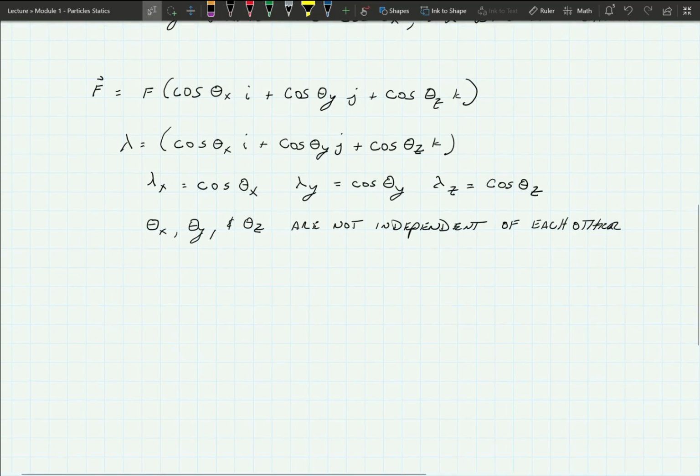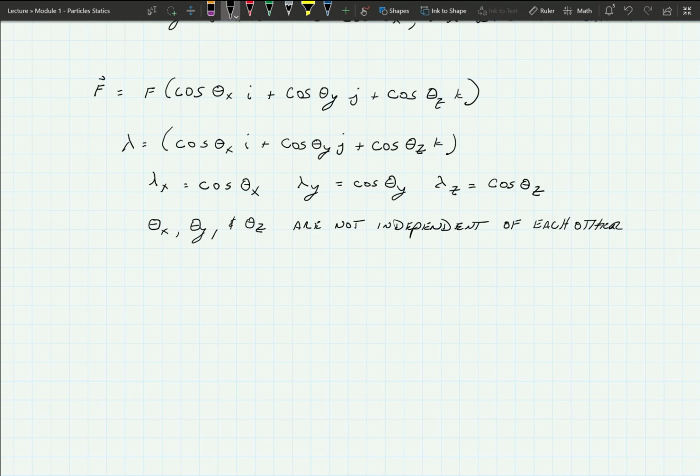Let me explain that. Each angle affects the other angles. So if I move the angle theta x, then it's going to affect the angle theta y, and it's going to affect the angle z. And so they're not independent. As one changes, the other two change correspondingly.